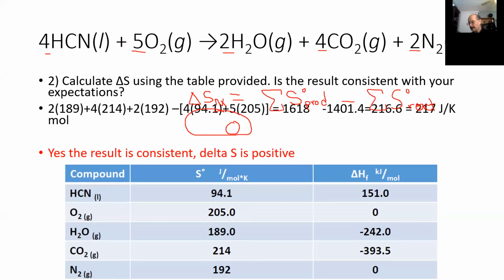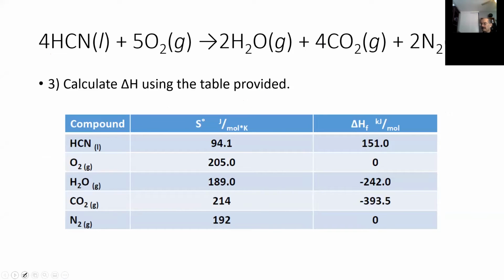And now we're going to go to the next one. So the next question then is, same as before, you're going to calculate delta H using the table provided. And again, this time we're going to be looking at this area here. Don't forget that in the case of enthalpies, the enthalpies of pure elements in their standard form is 0.